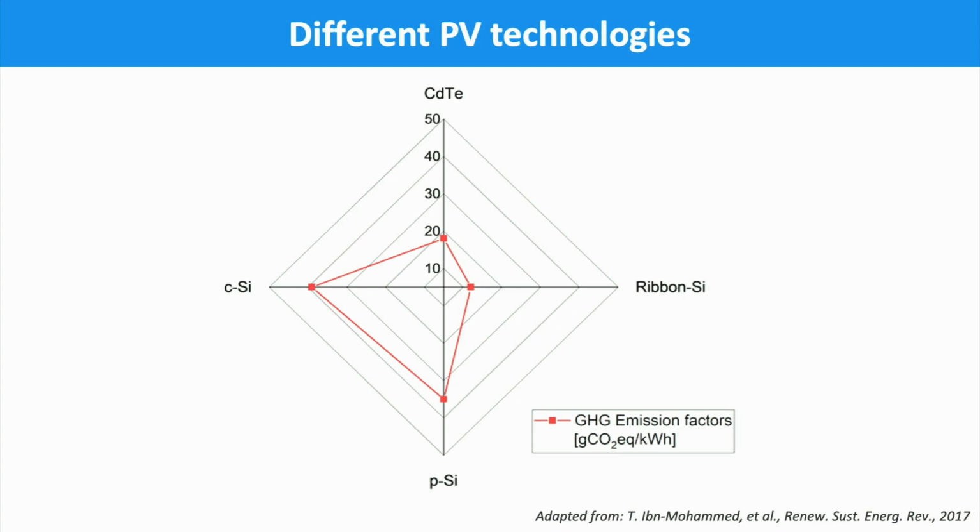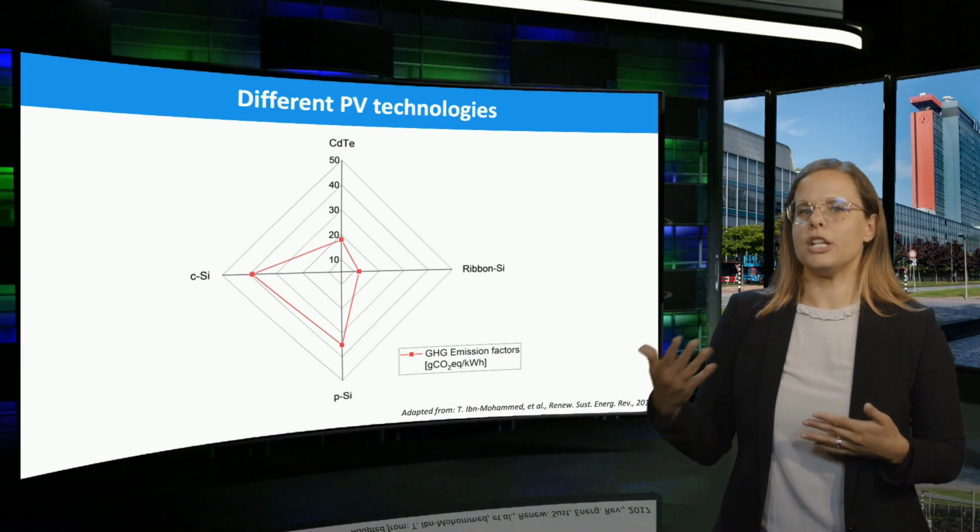The graph shows that both monocrystalline and polycrystalline silicon had higher carbon footprint than the thin film cadmium telluride technology and ribbon silicon PV. Ribbon silicon PV is a direct wafer growth technology and is kerf-free, and shows a similar footprint to thin film cadmium telluride. More detail will be discussed in a later video lecture.